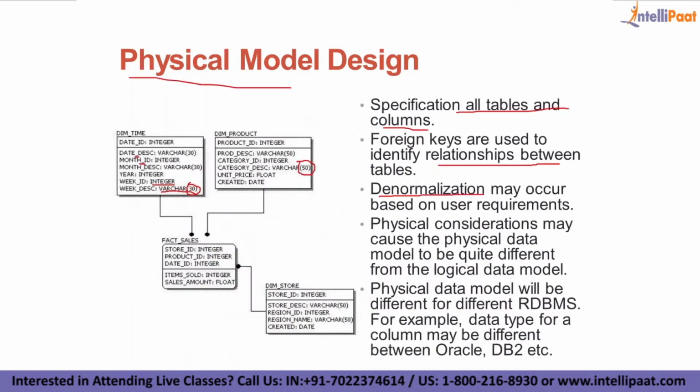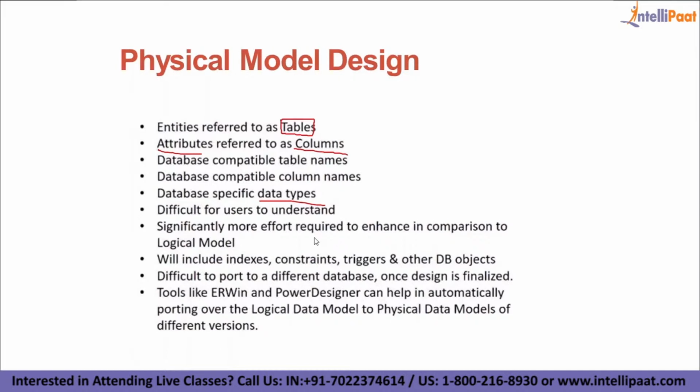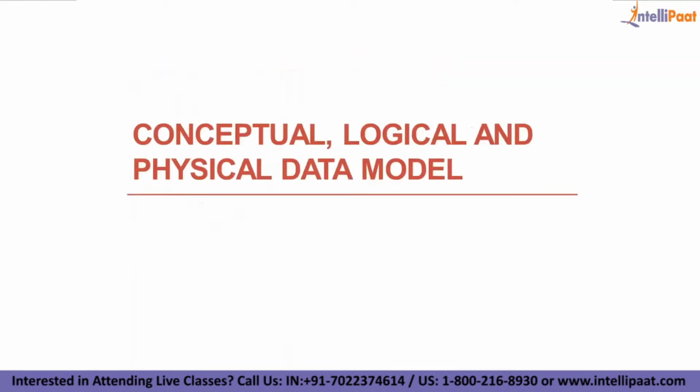The create table structure is created automatically for this physical data model by using the tool. The tool will automatically convert the logical data model to a physical data model for different versions and different database servers. So this is the concept of the three different data models.